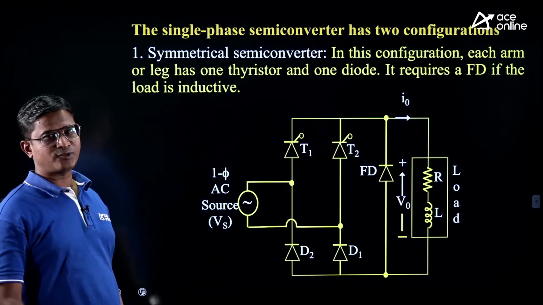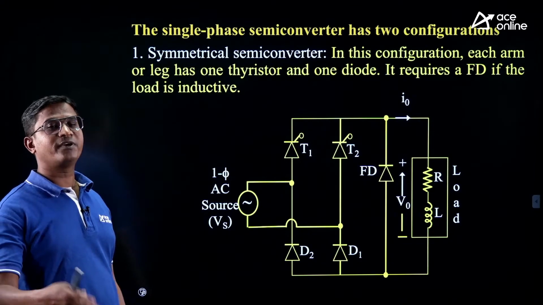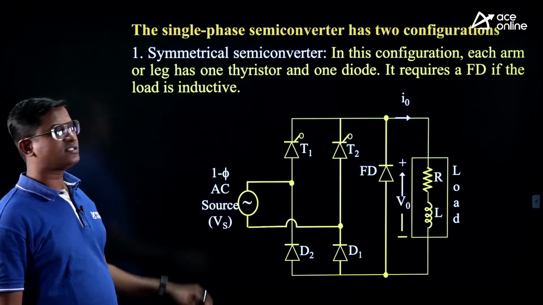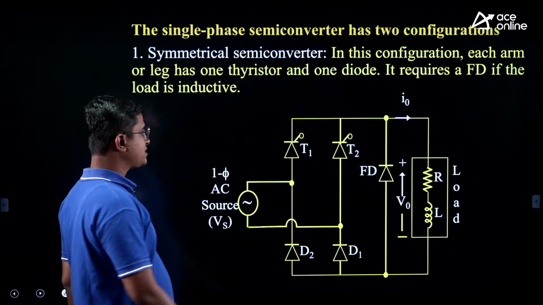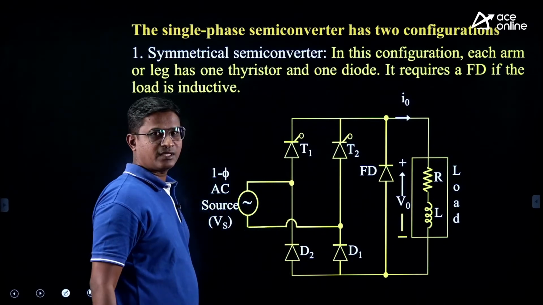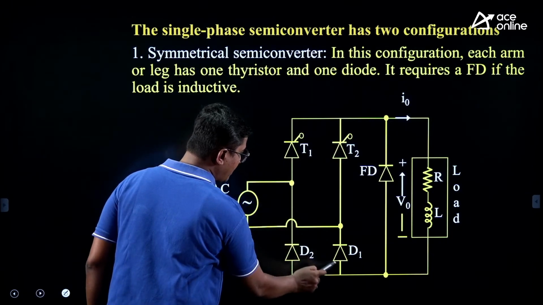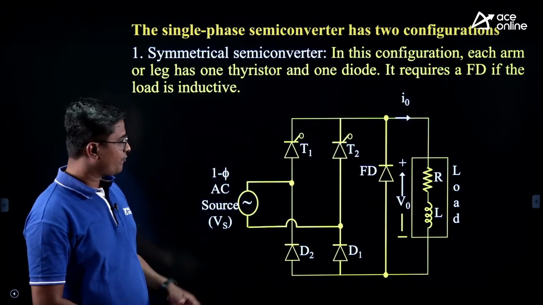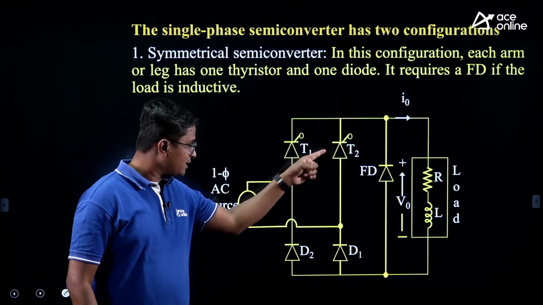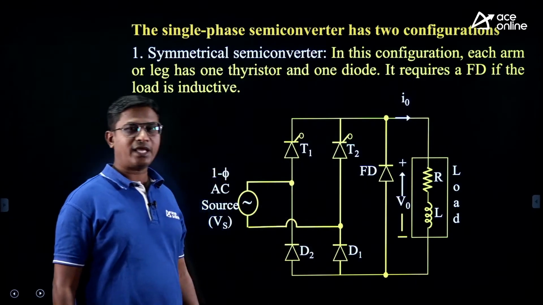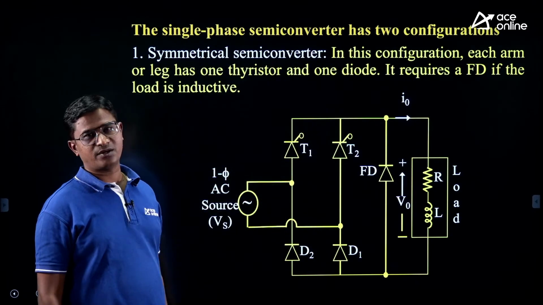There are 2 types of semi converters, or 2 configurations: symmetrical and asymmetrical. This is a symmetrical semi converter. Why symmetrical? Because this is the first leg and here is the second leg. Each leg consists of 1 thyristor and 1 diode. So it is known as a symmetrical semi converter.